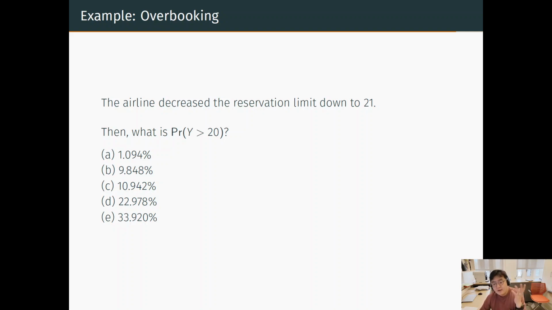When you change things, the change in the probability is not as intuitive as you expect, right? Earlier, I gave you a very counterintuitive example, a brain teaser. Similarly, it's not easy to just guess how much probability would change in the binomial distribution. So I gave you this example to see that.